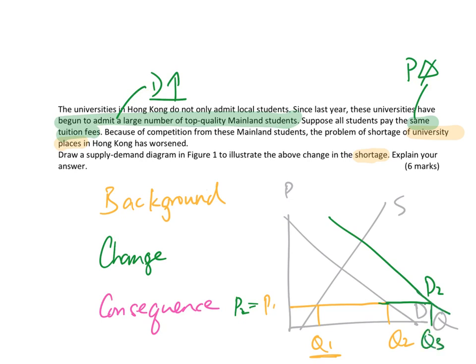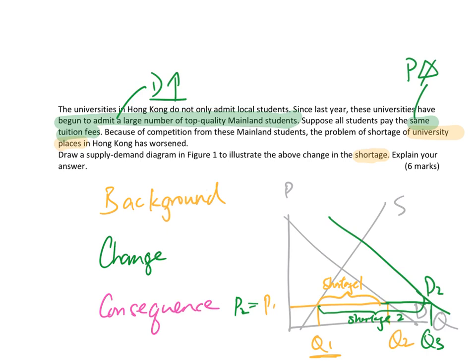Then we have Q3. So the beginning shortage is the yellow one. That is shortage one. Then after that, we have shortage 2.